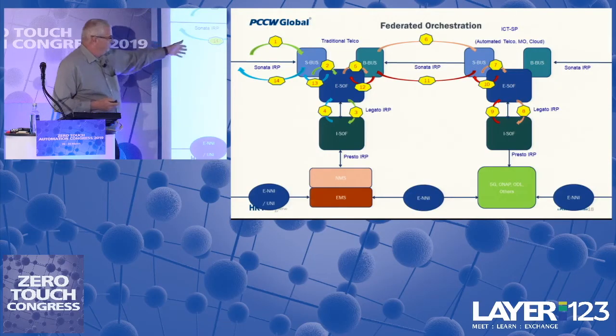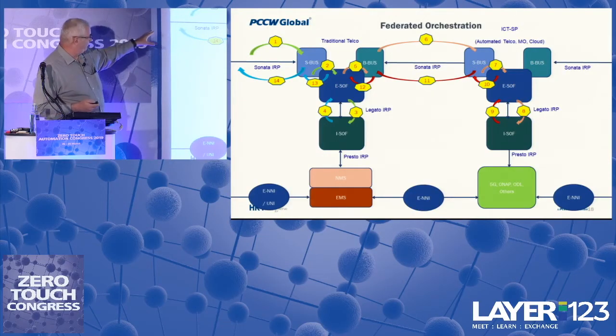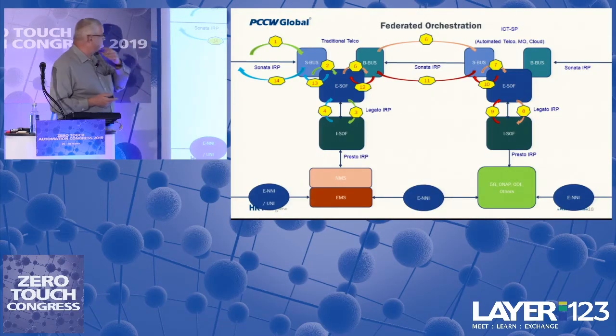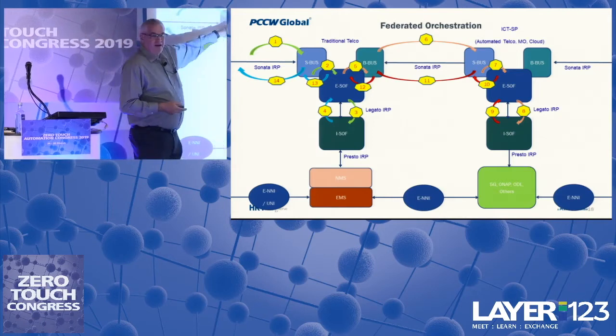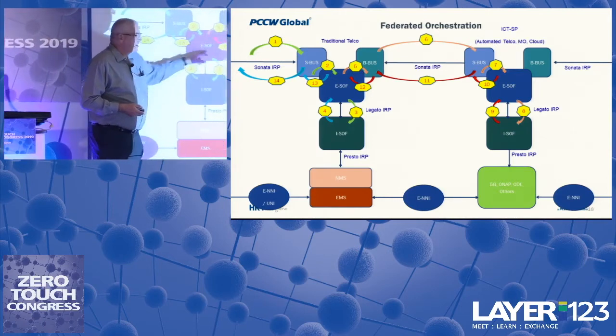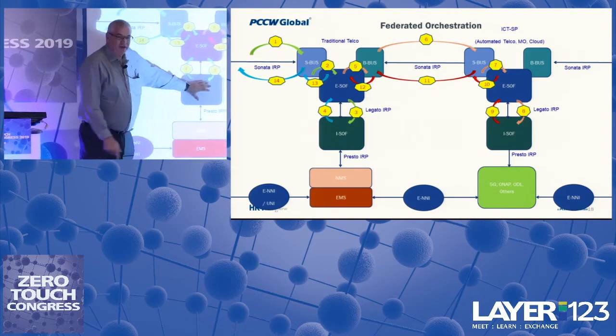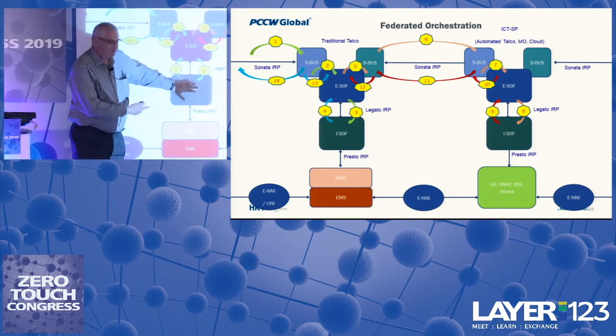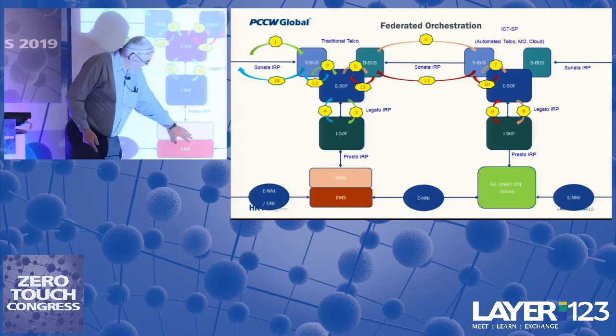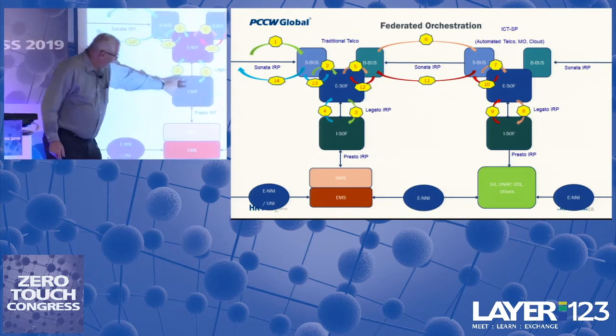This is kind of a prototype of a perspective of how things work in such an environment. There's a selling business unit, and then there's an external SOF, which I mentioned, which handles the east-west, and there's an internal SOF or OSS that handles the own silo's activation.